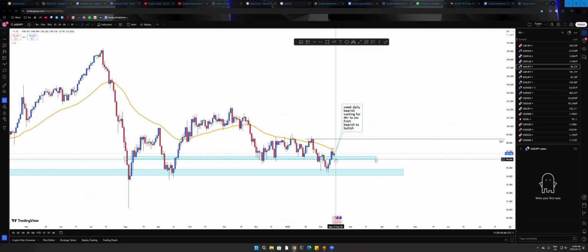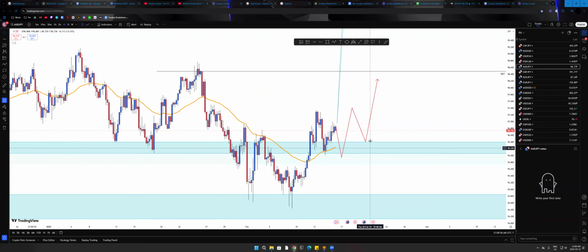Daily is bullish as well. We've tapped into here, and yeah, we probably want a proper pullback, like have another pullback, and then the 4 hour also needs to shift as well.